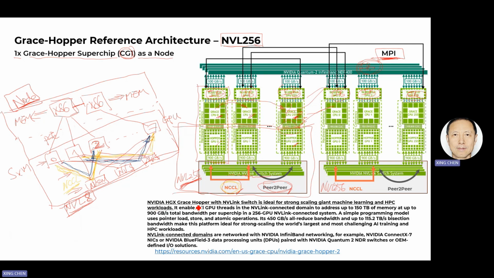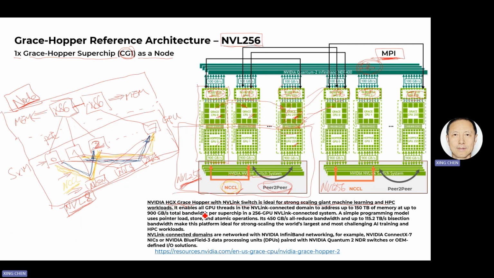There are some advertisements from Nvidia. This is the text I have taken from the Nvidia website. Basically, Nvidia is saying that HGX Grace Hopper with NVLink switch is ideal for strong scaling giant machine learning and HPC workloads.